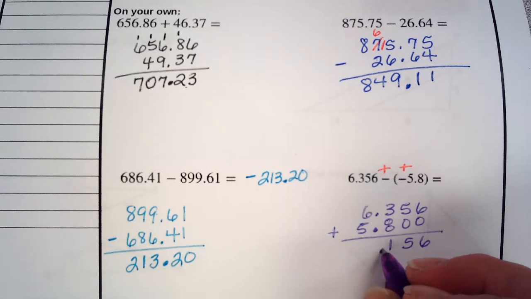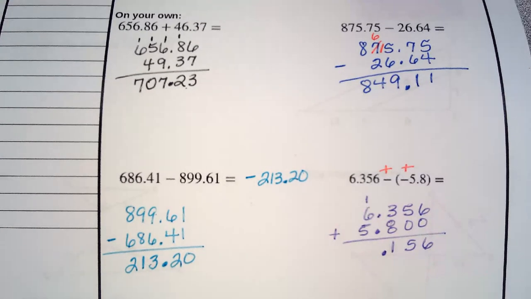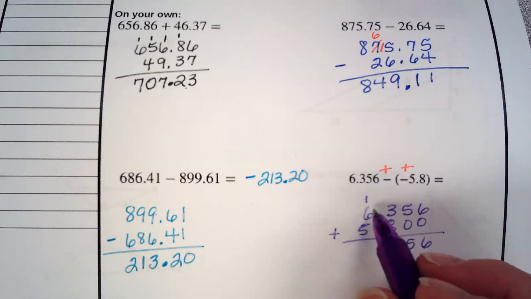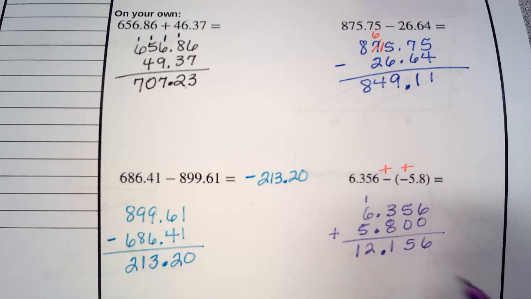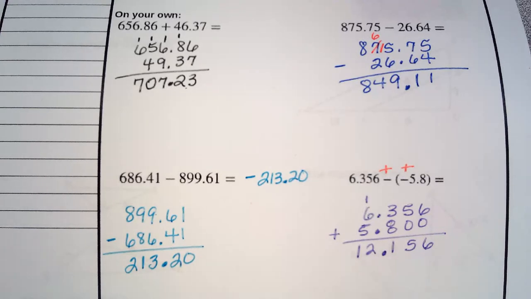Put the 1 down, bring my decimal down, and I carry 1. 1 plus 6 is 7. 7 plus 5 is 12. So it's 12.156, or 12 and 156 thousandths.